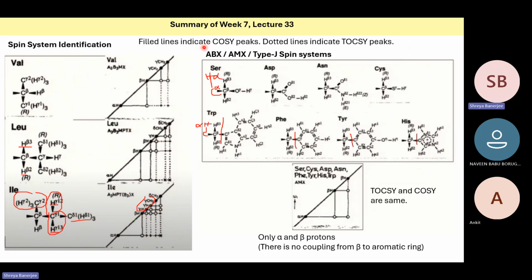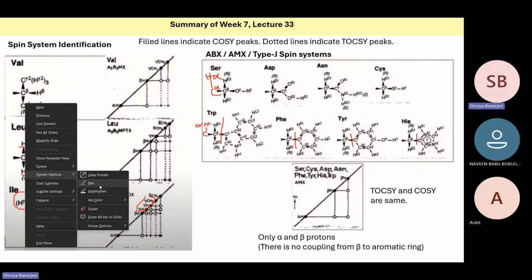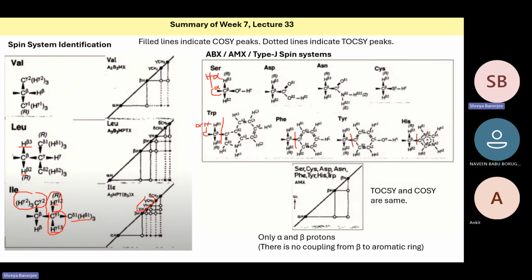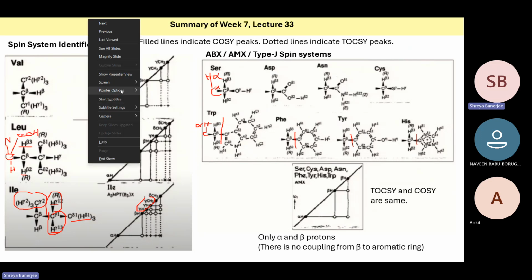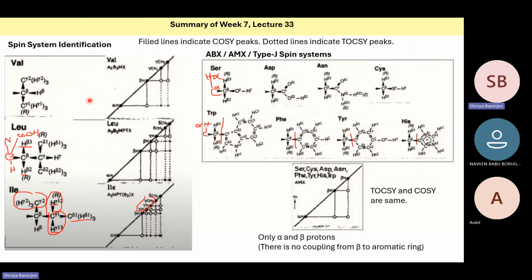So in all these, you have alpha as the most downfield shifted. And because it is nearest to the, so if you imagine alpha is here, alpha is attached to your NH group, it is attached to COH group, which are electron withdrawing groups. So alpha is the most downfield shifted because of the electron withdrawing amino and carboxyl groups.